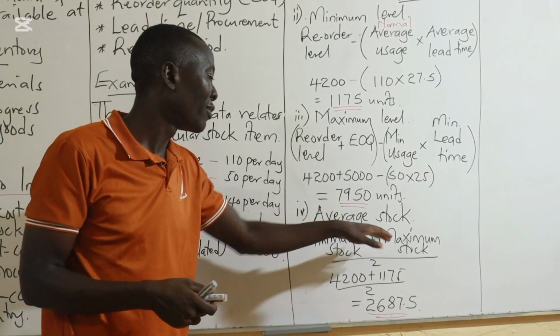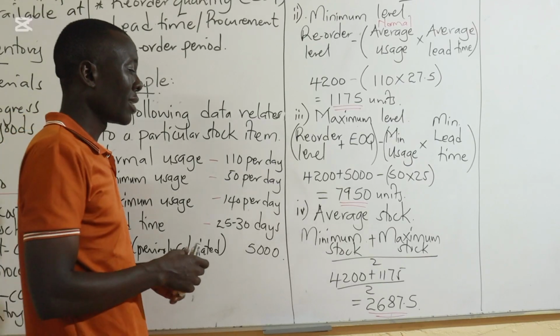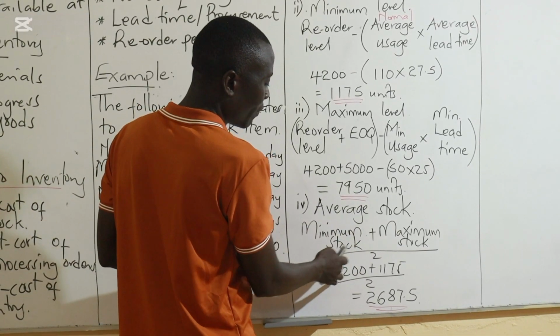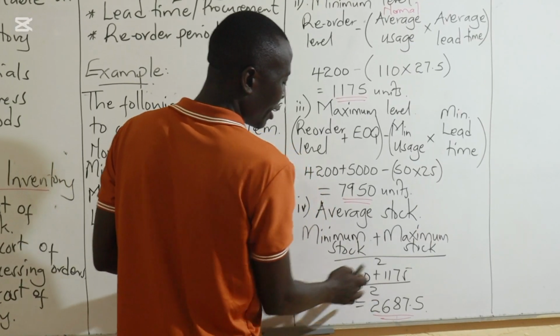Then the average stock level, which is the final part we have been asked to calculate, is simply the minimum stock level plus the maximum stock level divided by 2.